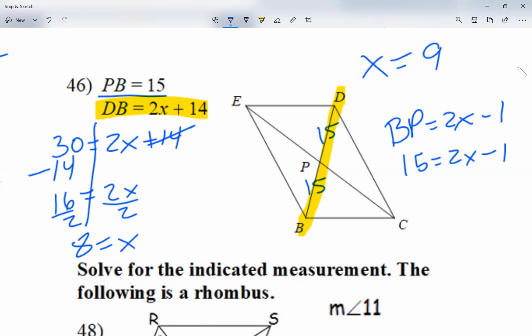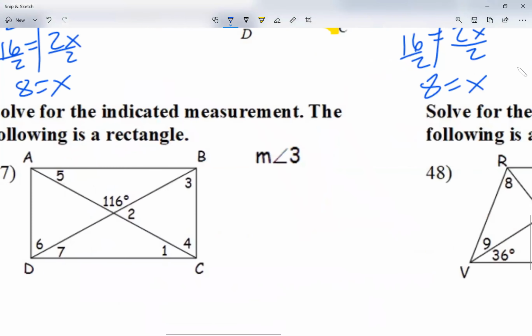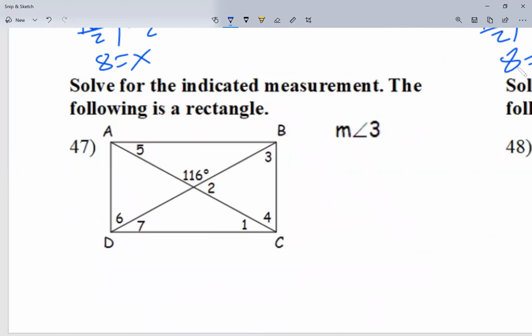All right, so let's take a look at the last two questions for today, 47 and 48. 47, this is a rectangle, right? Solve for the indicated measurement. The following is a rectangle. We're solving for measurement of angle 3. Now, the only measurement that I have as of now is 116 degrees. I'm going to say angle 2, I can figure for angle 2.